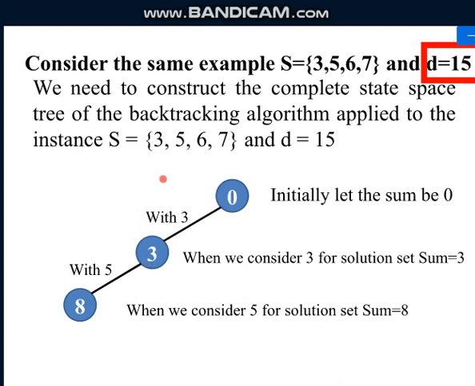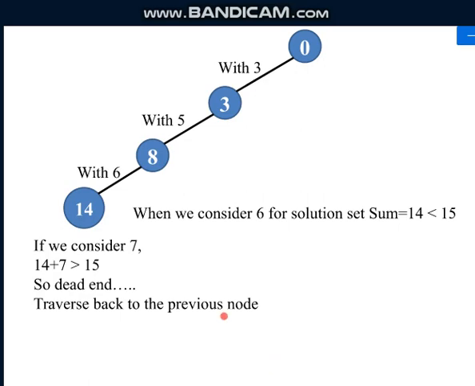To start with, we first included 3 in our solution set. 3 is of course less than 15, so again we will try with some other value. If we consider the next value 5, 3 plus 5 is 8, which is again less than 15. So let us proceed with the next value.